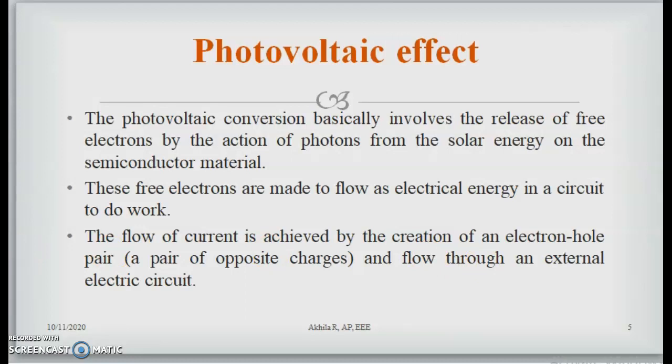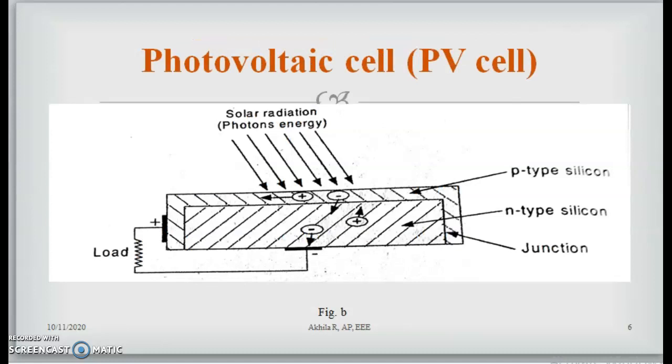So this is a representation of a photovoltaic cell. I said we use semiconductor. So as you can see, there is a p-type silicon and you have an n-type silicon. So this forms your p-n junction.